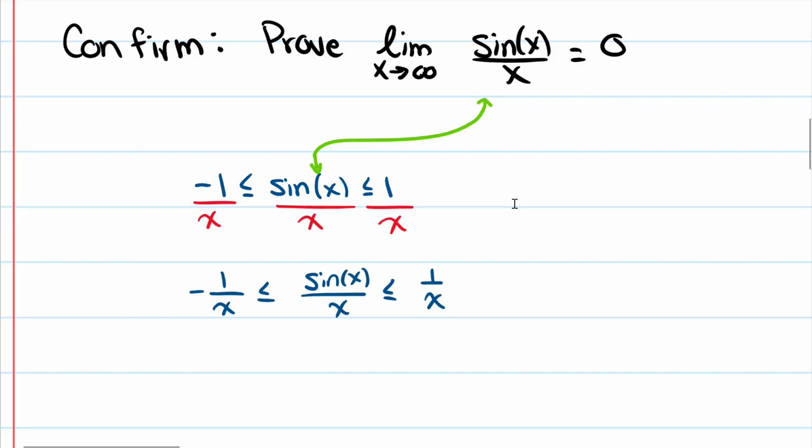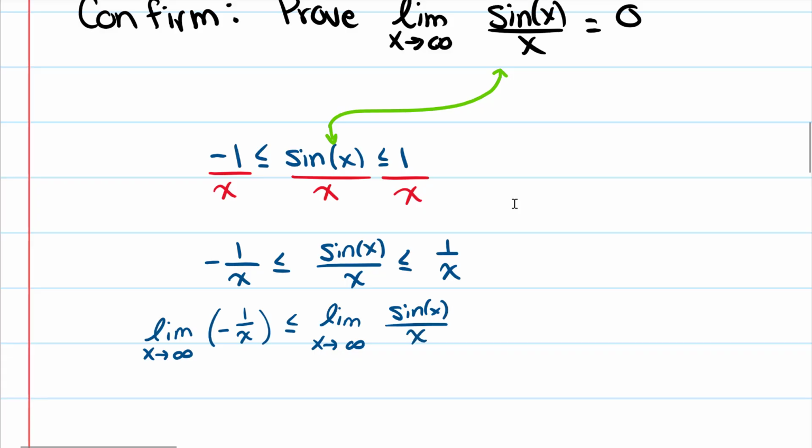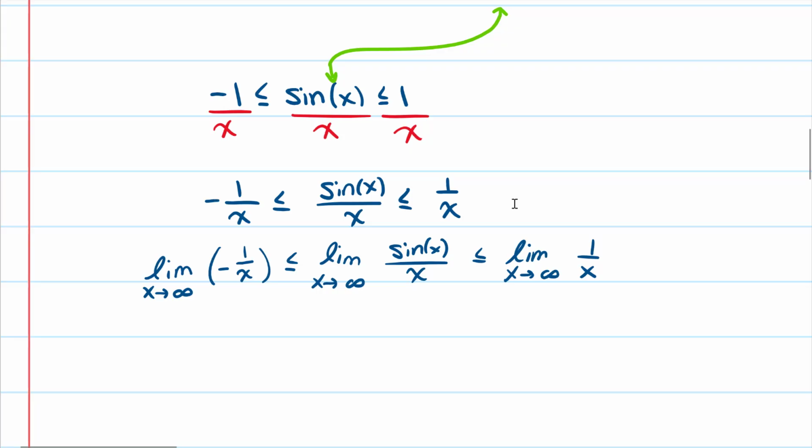And now I'm going to take the limits of each piece. So the limit as x approaches infinity of negative 1 over x is less than or equal to the limit as x approaches infinity of sine of x divided by x, which is less than or equal to the limit as x approaches infinity of 1 over x. The limit as x approaches infinity of negative 1 over x is 0, and this is because the denominator is getting increasingly large.